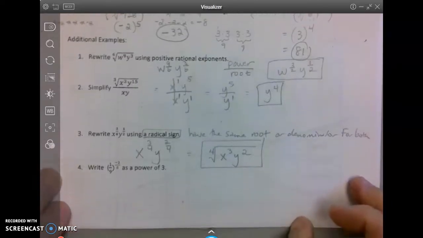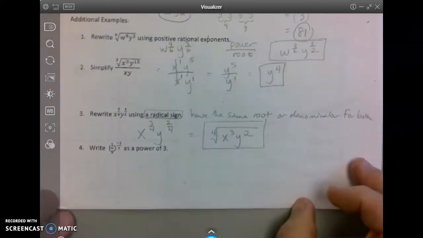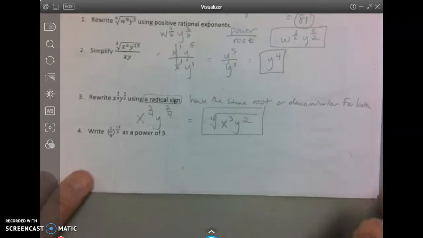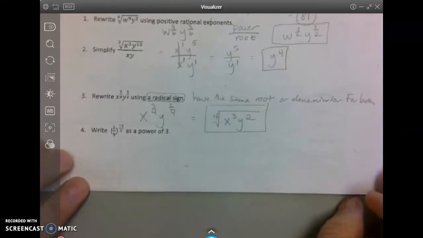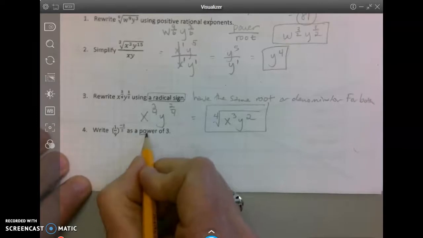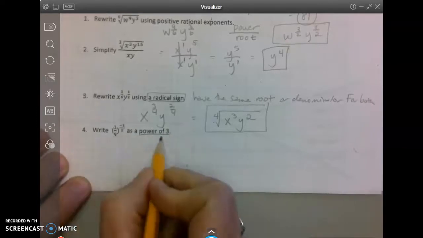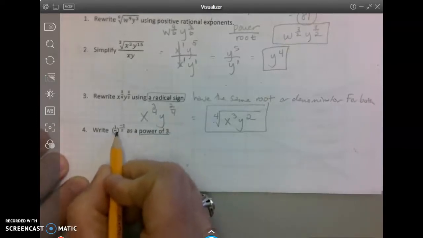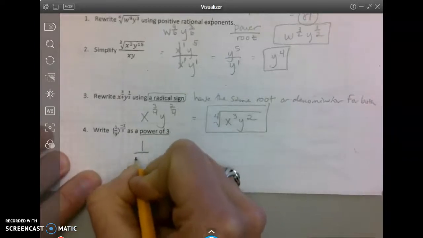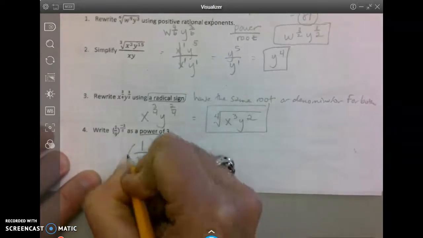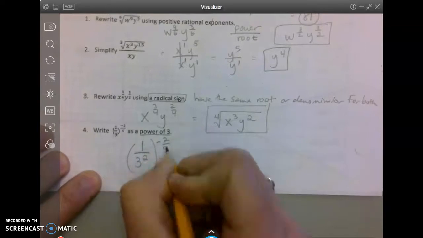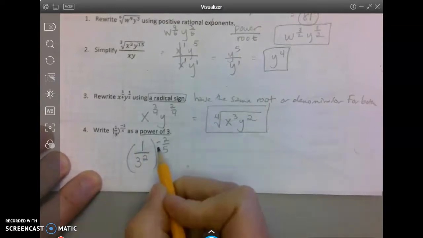And let's get to number 4. 1/9 to the negative 2/5 power. And I want to write it as a power of 3. I need to first rewrite then this 9 as a power of 3. So that would be 1 over 3 squared to the negative 2/5. Really don't like that negative.